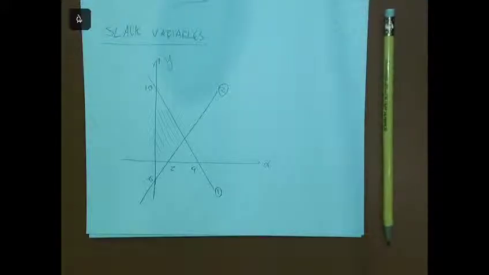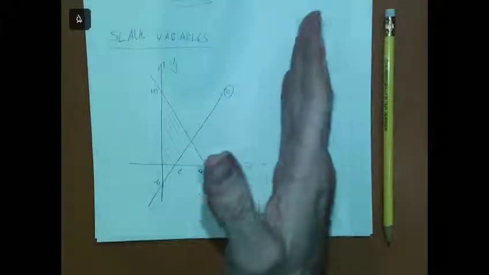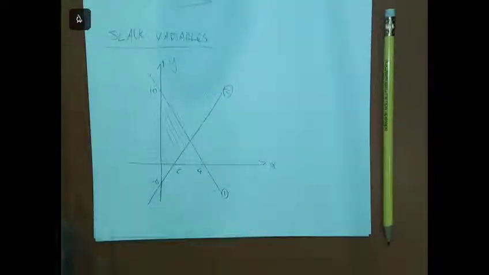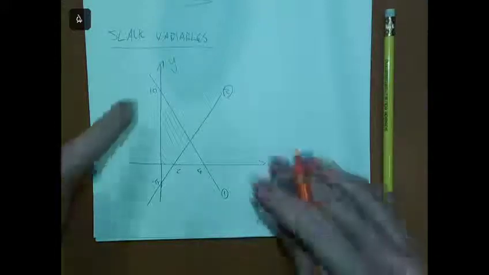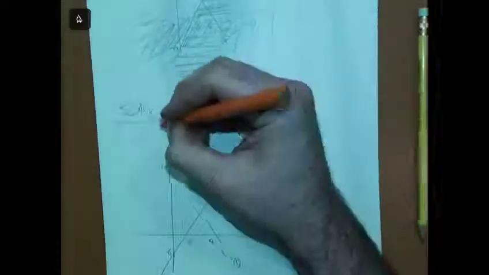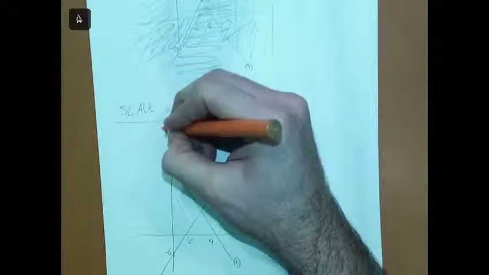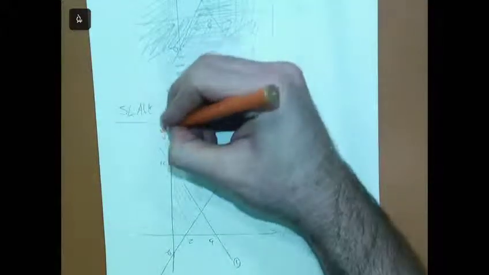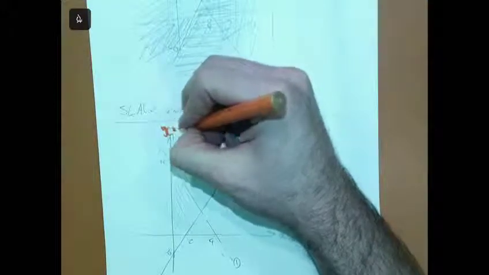I need my x's to be positive. My x's are positive over here, and my x's are negative over here. So the x coordinate of my point tells me whether I am on the correct side of the y-axis. This line here, the y-axis, is where x equals 0.